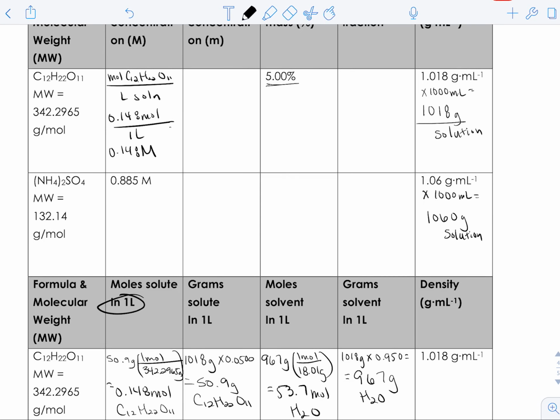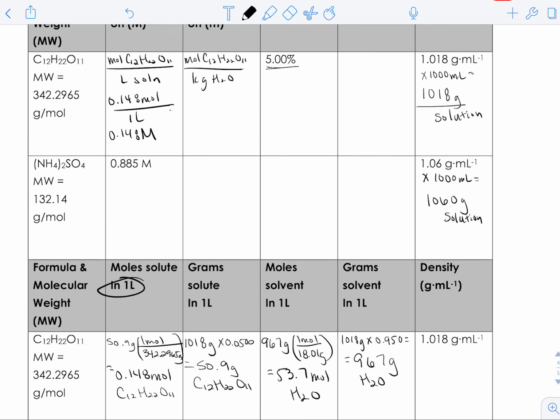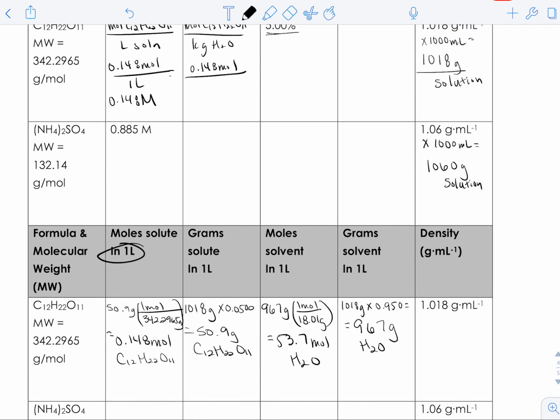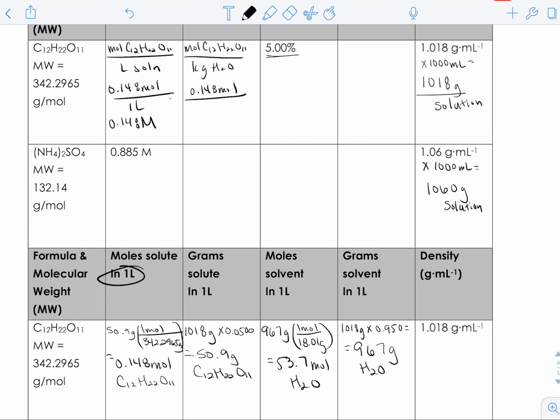Next we have moles of C12H22O11 divided by kilograms of water. Okay, so 0.148 moles divided by our kilograms of water. So it's 0.967 kilograms, so taking that 967 divided by 1,000.